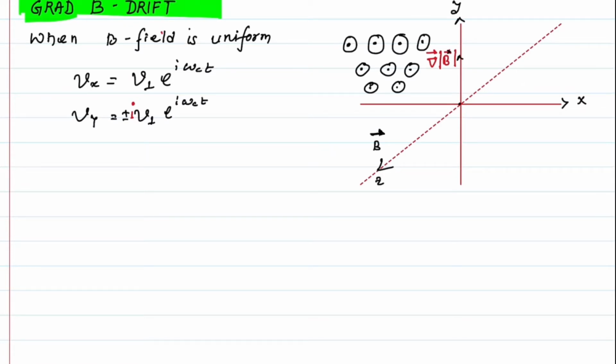So these two results we have got, and also x minus x naught is equal to V perpendicular by omega_c e to the power i omega_c t, and y minus y naught is equal to plus or minus V perpendicular by omega_c e to the power i omega_c t. Those results we got when the magnetic field was uniform.